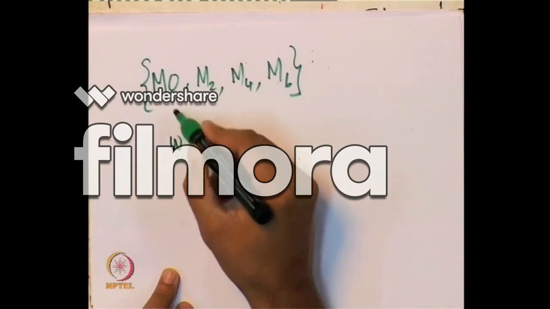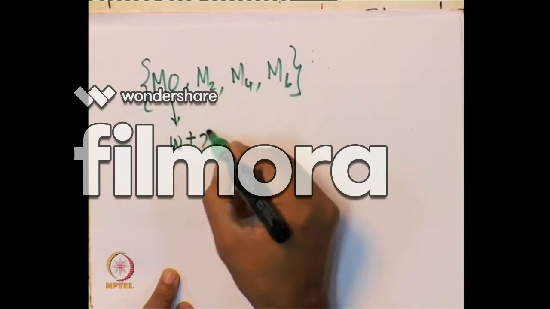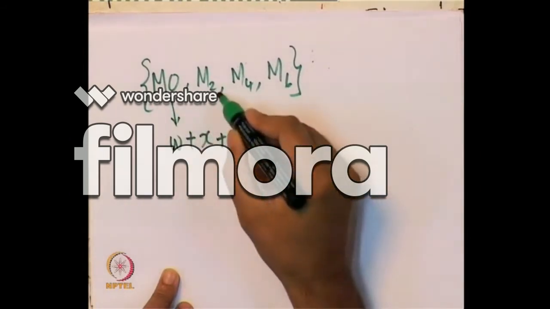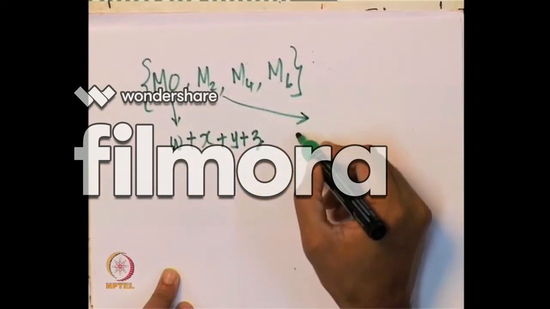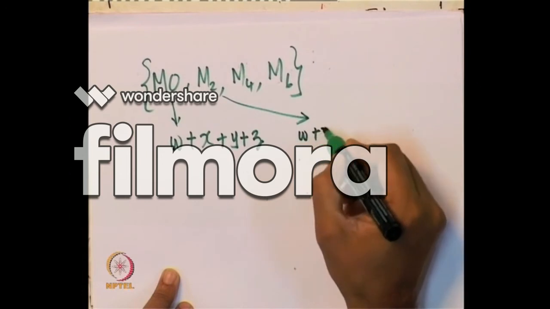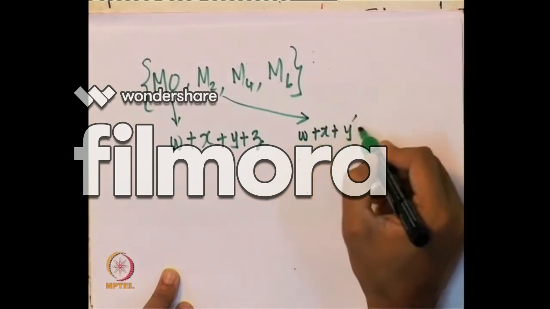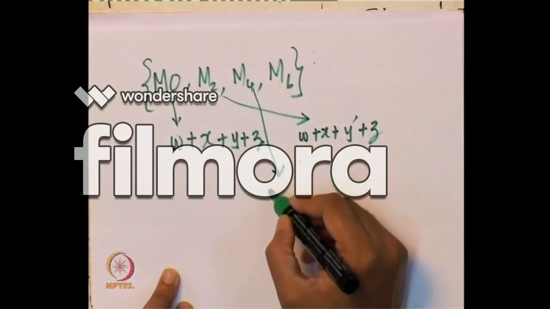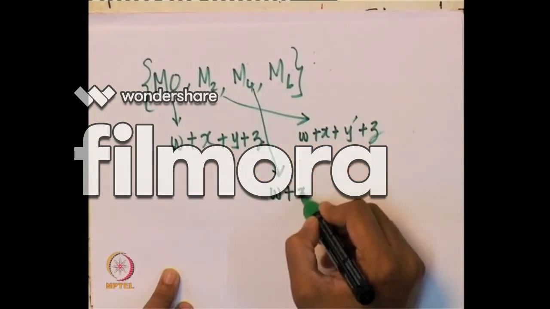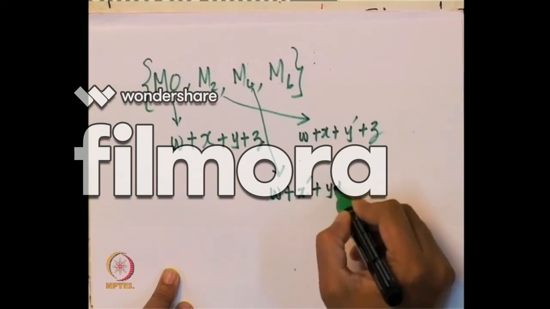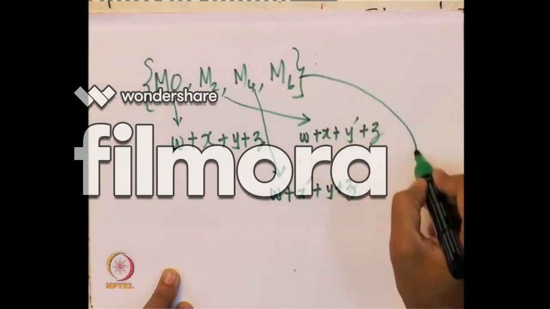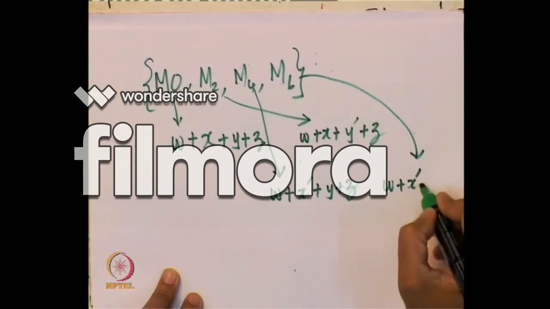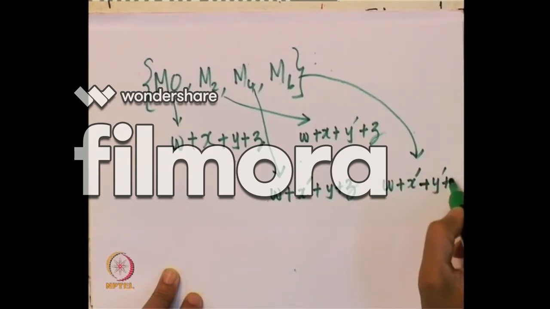So this is W plus X plus Y plus Z. M2 is W plus X plus Y bar plus Z. M4 will correspond to W plus X bar plus Y plus Z, and M6 will correspond to W plus X bar plus Y bar plus Z.